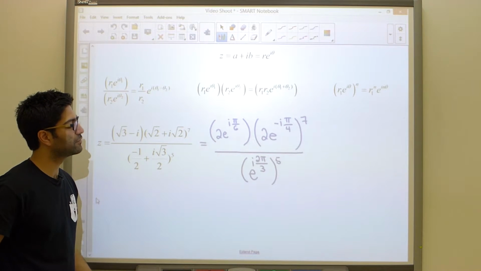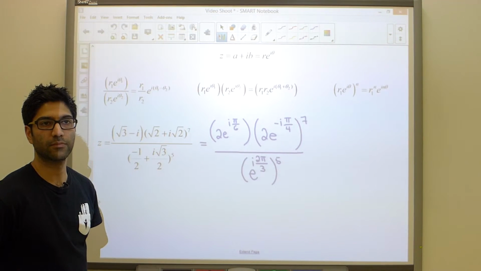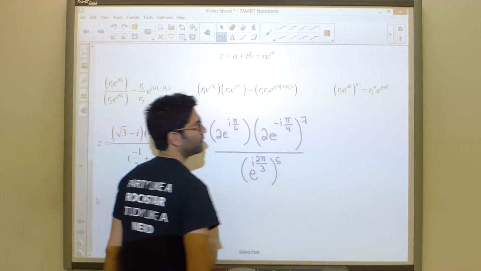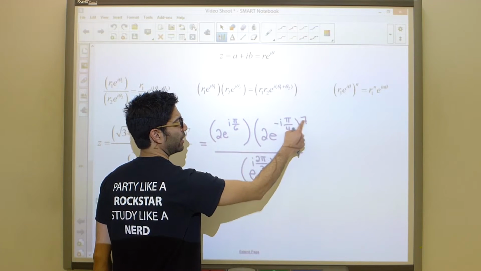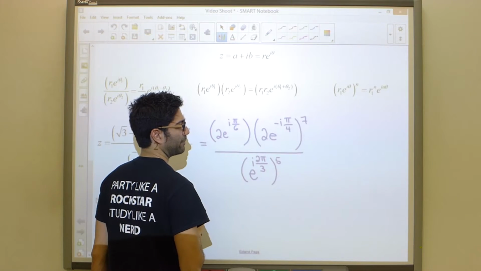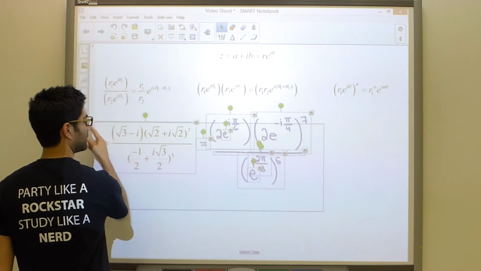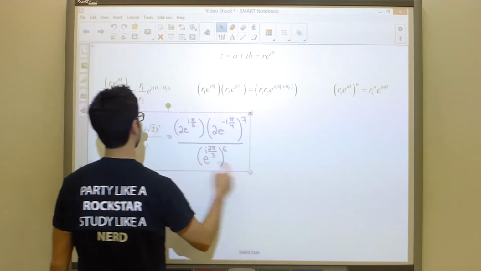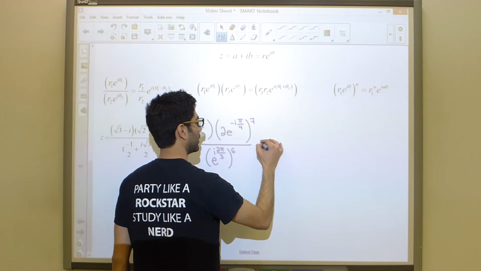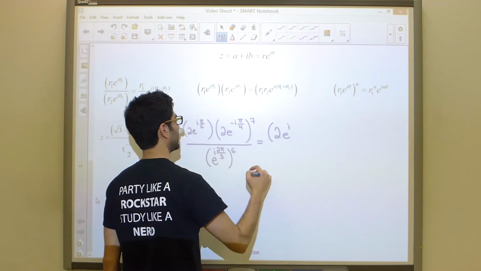Now simply ask yourself, which one of these rules can you apply? Over here, we can apply this one: if you have an outside power, your number gets raised to the power and your angle gets multiplied by that power. I want to apply this rule both here and here. If I apply this rule, the first term is going to remain intact.